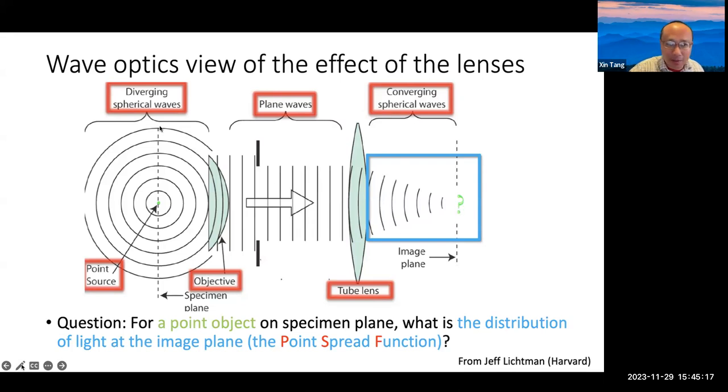There is a lot of light lost, so the waves cannot effectively interfere with each other. So what we observe is something else, a question mark in our eyes. This something is called the point spread function. It is the image of this point, but this image is not a point anymore.